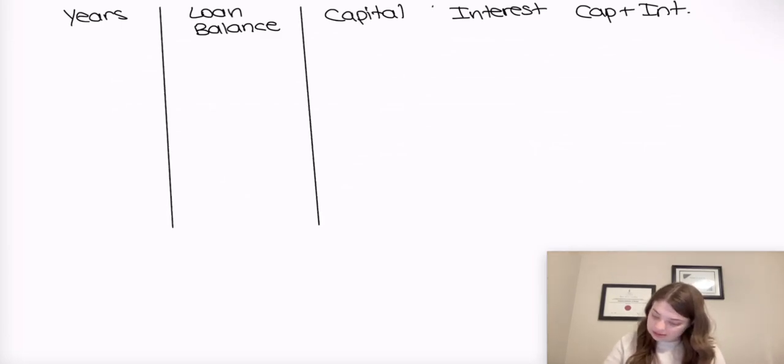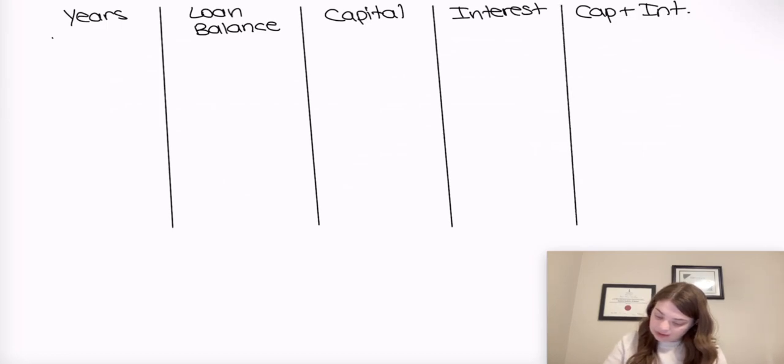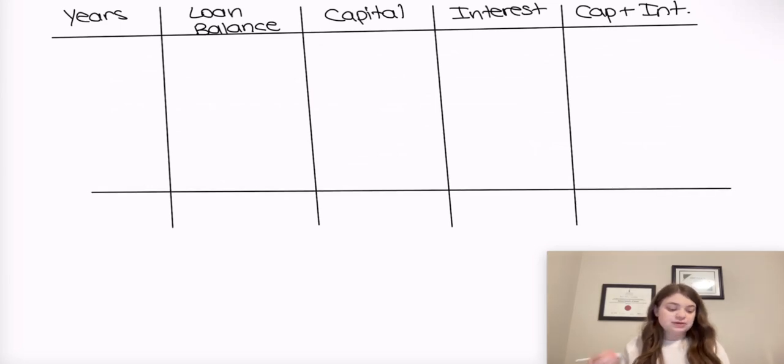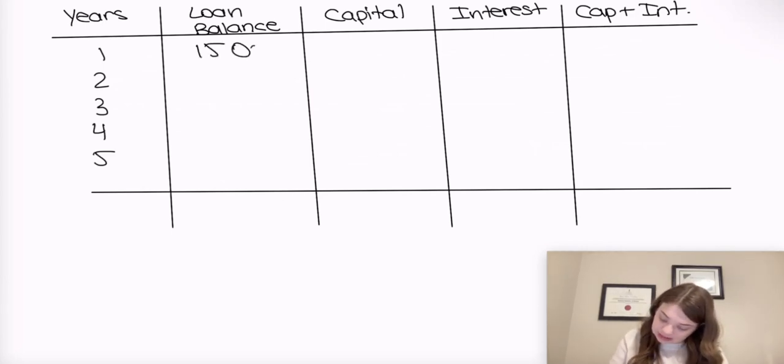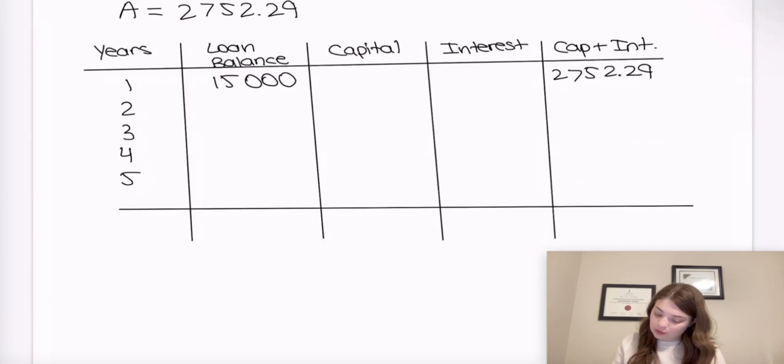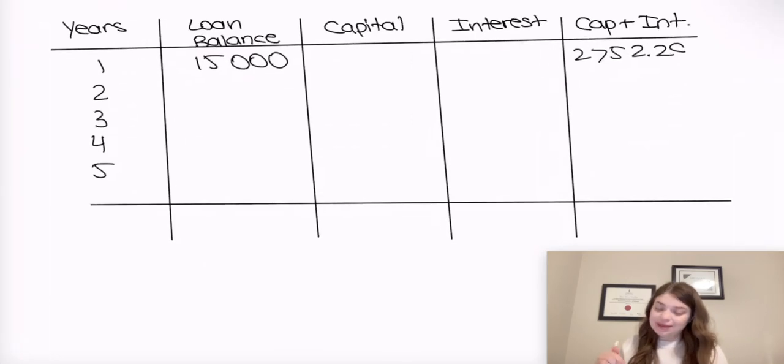For years, it was a 5-year term, so years 1, 2, 3, 4, 5. Our starting loan balance, according to the question, was $15,000. And then our first payment was $2,752.29, which goes into capital plus interest because that payment includes both.